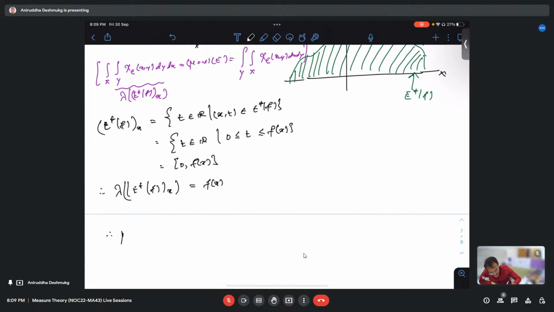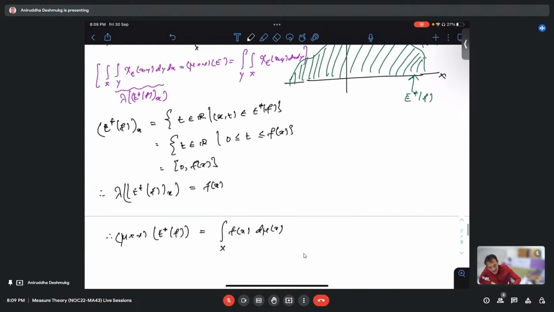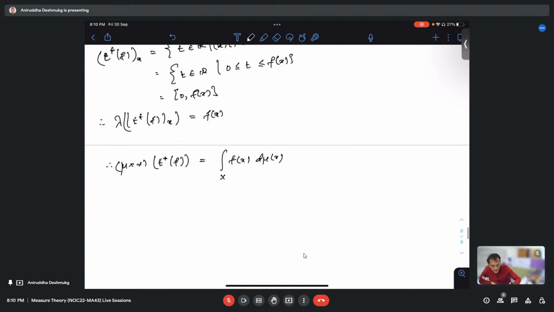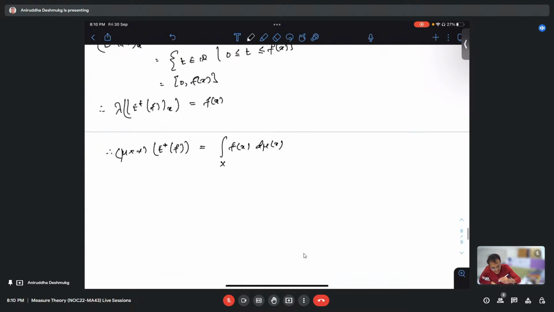And mu cross lambda of E star f is equal to the integral of f(x) d mu(x). On the other hand, one can check the equality the other way also. We don't need to check it here because that has to be true, but still let us check it.